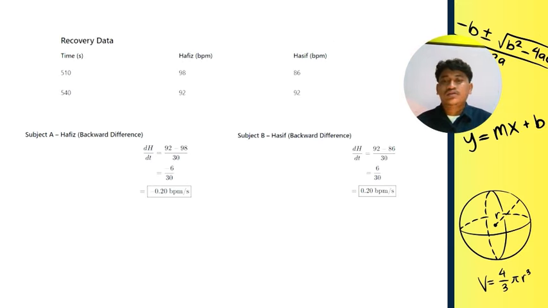Now we are going to calculate the backward. The data I use is 510 and 540 seconds for these two persons.